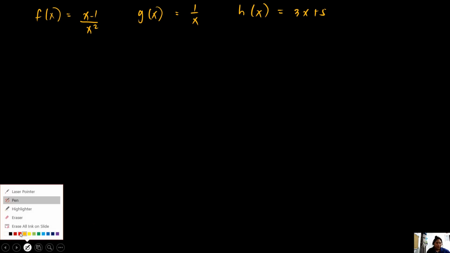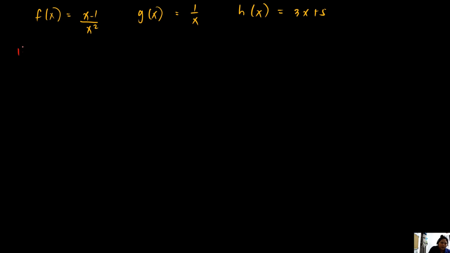So I have here f of x is equal to x minus 1 over x squared. I have g of x is equal to 1 over x. And the last one, we have h of x is equal to 3x plus 5. So as you can see, class, tatlo na yung function natin. So let's get the addition, subtraction, multiplication, and division. Okay, let's have number 1, addition.